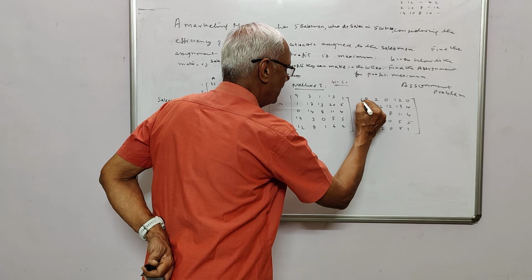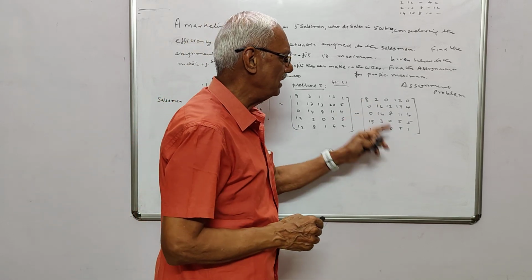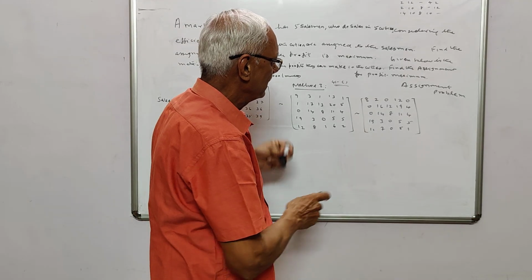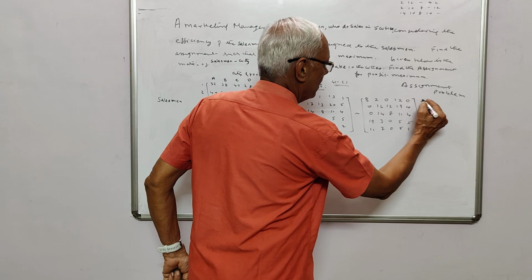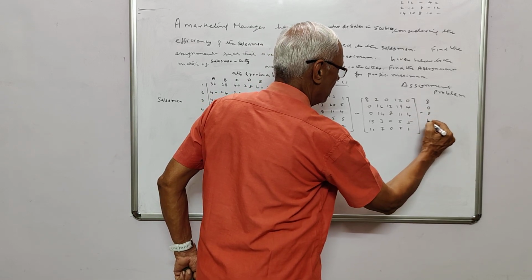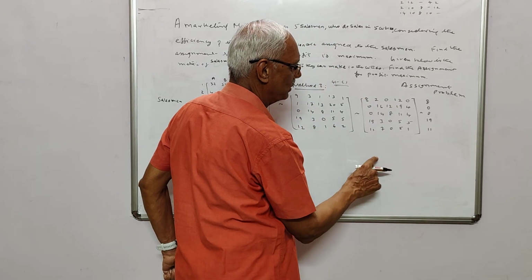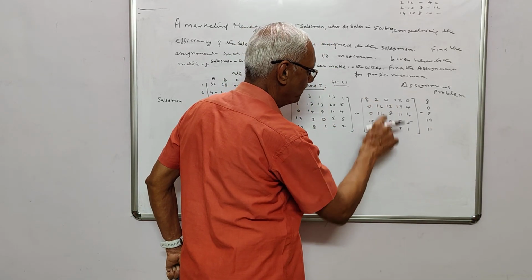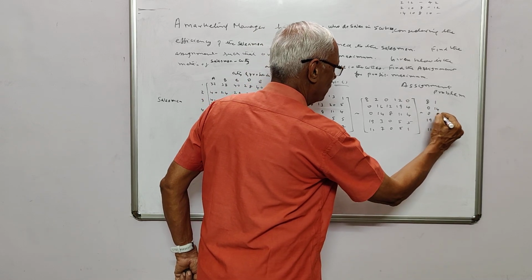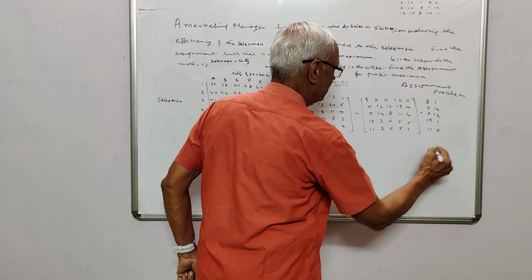Check whether every column has a 0. If not, choose the minimum and start subtracting. You see that here this row has zeros. So it is 0, 0, 19, 11. Second column has no zeros. So choose 2, subtract from every element. 1, this is 14, this is 12, this is 1, and this is 5.